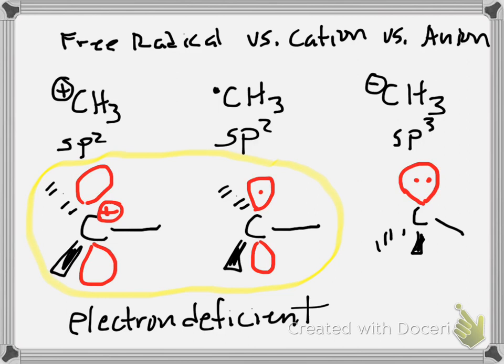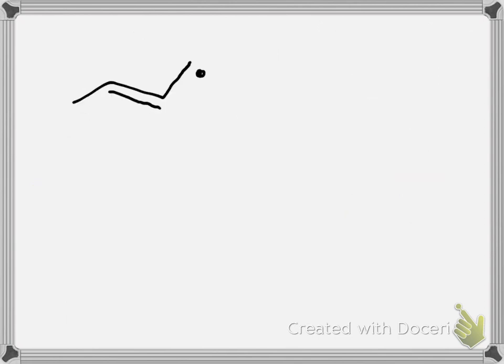All of the same electronic factors that stabilize or destabilize a carbocation will behave the same way towards a free radical. So, for instance, I can stabilize the free radical by resonance in the same way that I would stabilize a carbocation by resonance.